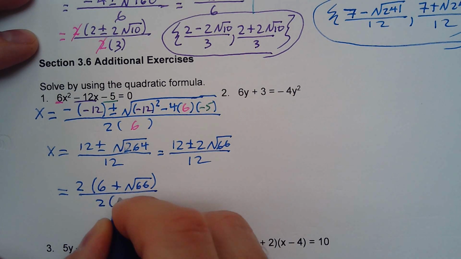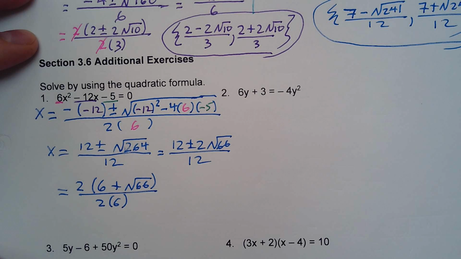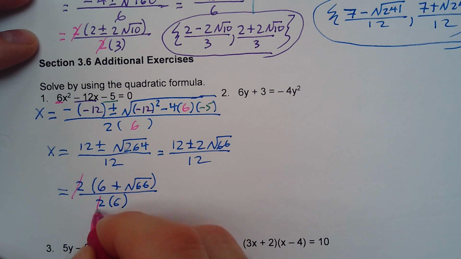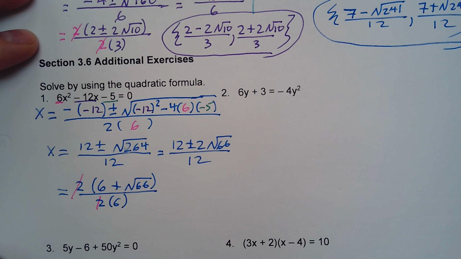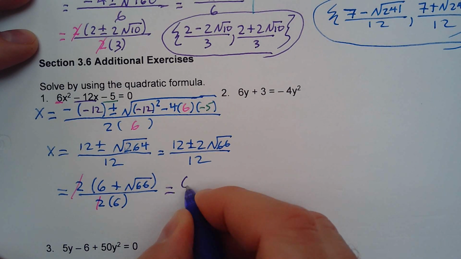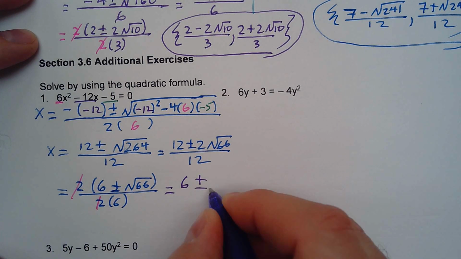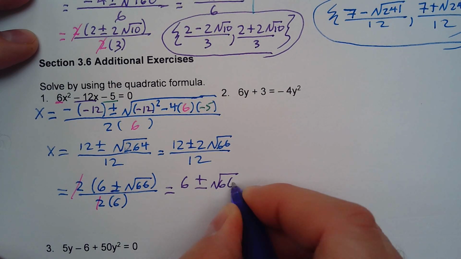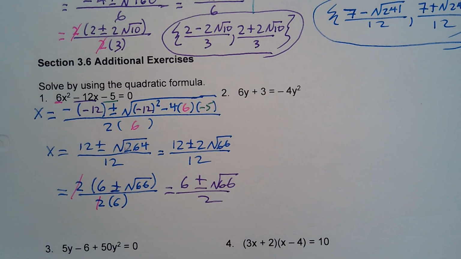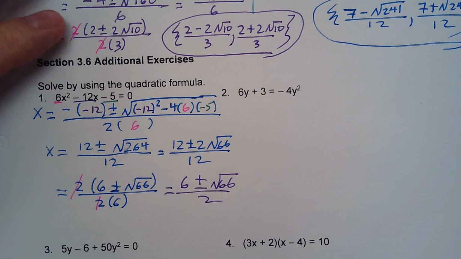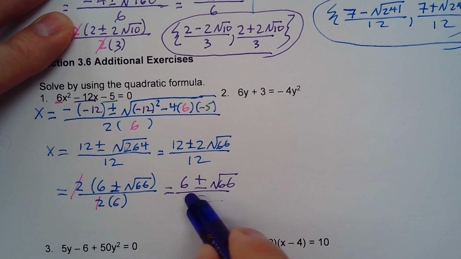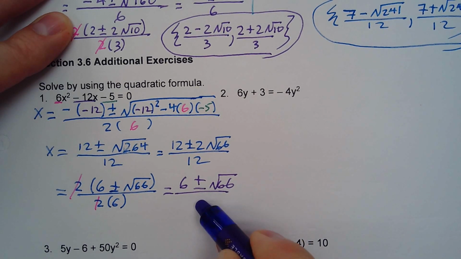And that 12 I'm going to write as 2 times 6. 2's drop out. That will give us 6 plus or minus, oops, I forgot the minus here, my bad. Square root of 66 over 2. Not over 2, let's try 6. Just to see if you're paying attention.